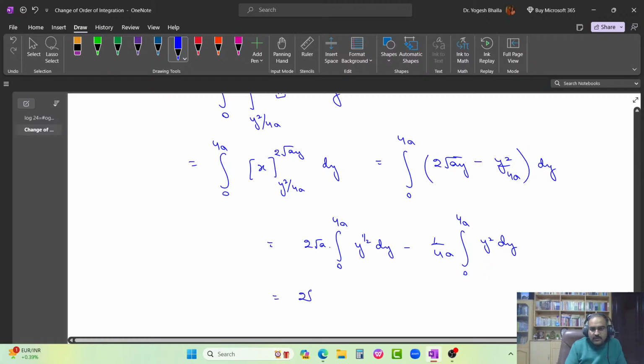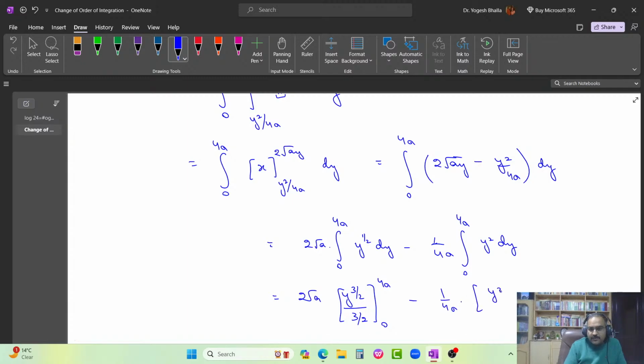So it will be 2 times root of a. Integration of y raised to power 1 by 2 will be y raised to power 3 by 2 over 3 by 2 within the limits 0 to 4a, minus 1 upon 4a. Integration of y square will be y cube by 3, from 0 to 4a.